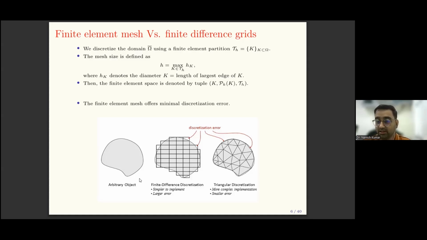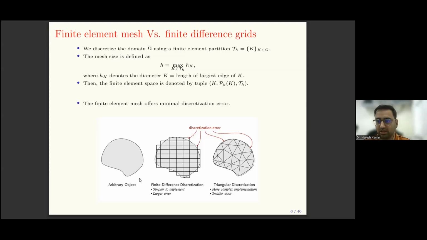And then, when we discretize the domain using elements, suppose K is the element, on each element we restrict our functions to some polynomials. So we have to take a polynomial space also, and T_h is the collection of all the elements. We call it a triple K, P_k, and T_h. K is the element, and when you restrict a function on K, you have to use some polynomial space.